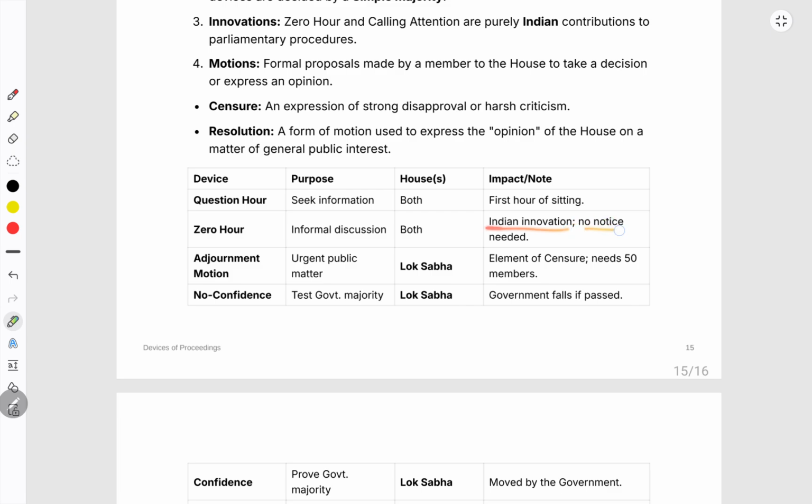This is an Indian innovation. No notice needed. Right. Adjournment motion, urgent public importance. It's only introduced in Lok Sabha. This has an element of censure. It needs 50 members' support. No confidence motion is to test government majority, introduced only in Lok Sabha; the government falls if it is passed.